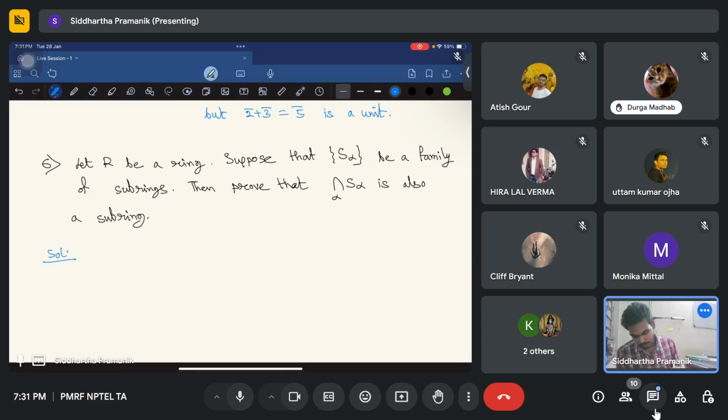Okay, so for a subring, what we need to prove is first it should be a subgroup under addition, and it should be closed under multiplication, and 1 must belong to that set. These three things we need to check.